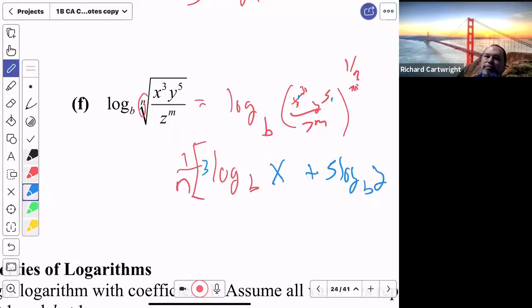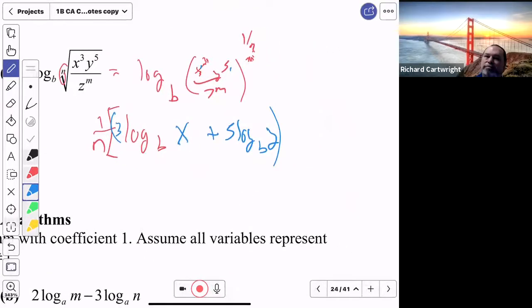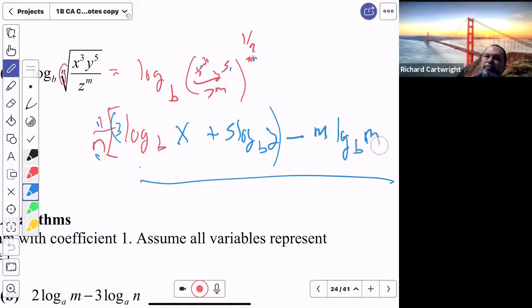And you know what I might do is put a parenthesis around all of that, just because that's my numerator. And then I'm going to do my minus. And the reason there's a bracket is because that 1 over n is the whole thing. Minus, that was z to the m, so the m log base b of m. And there's only one term, so all I got to do is just close it. Oof. That's a lot.